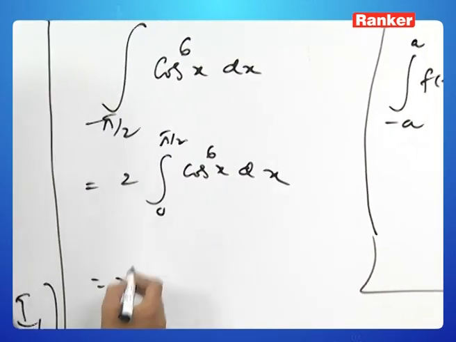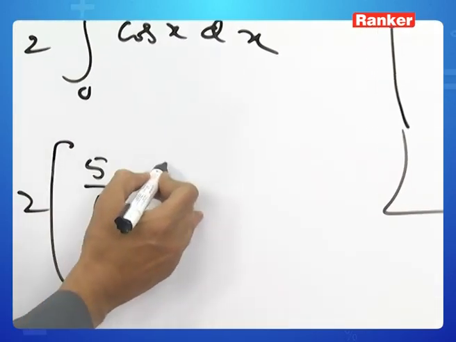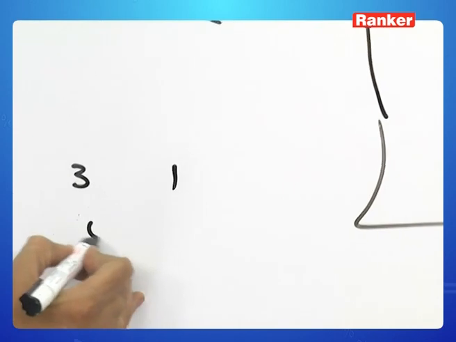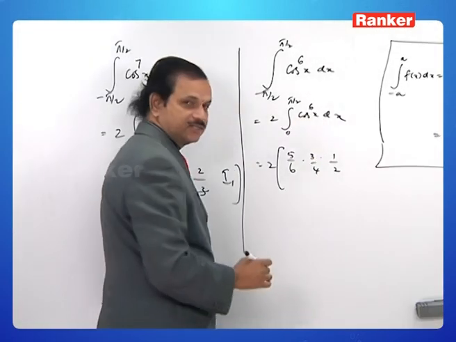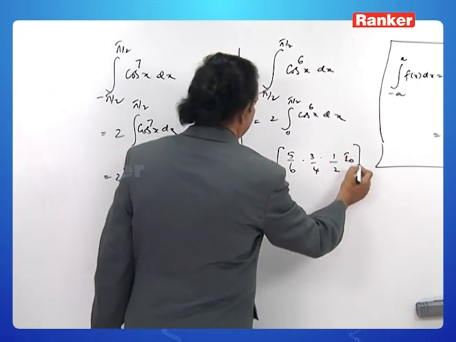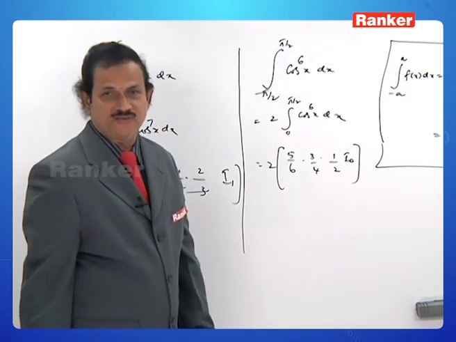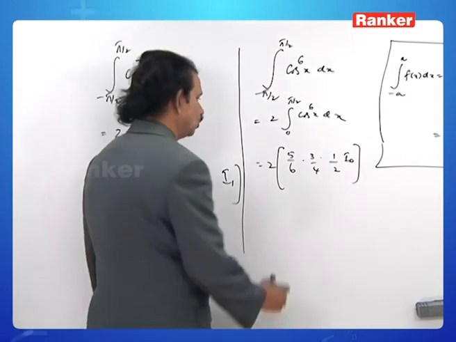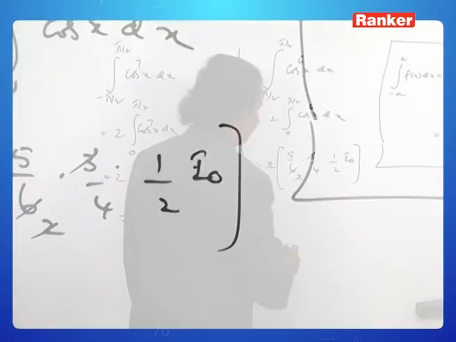Come on, what is the starting step of simplification? N minus 1 by n. 3, 1 over 4, 2 into, this is even, isn't it? I0 is preferred because 6 is even. But we of course know that I0 is nothing but pi by 2. Good. This goes 2 times. This 2 and this 2 will go away.